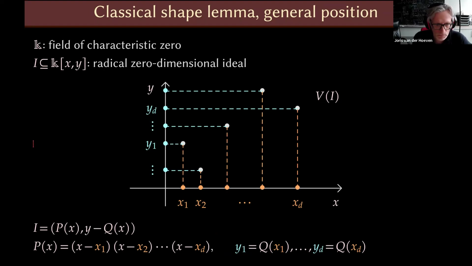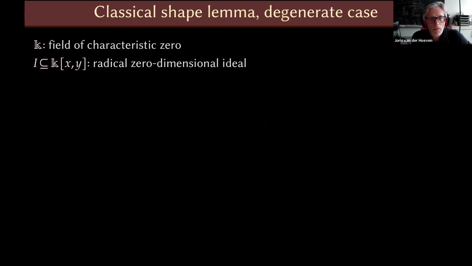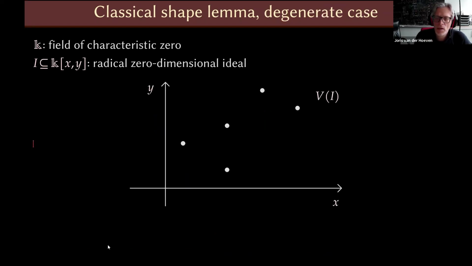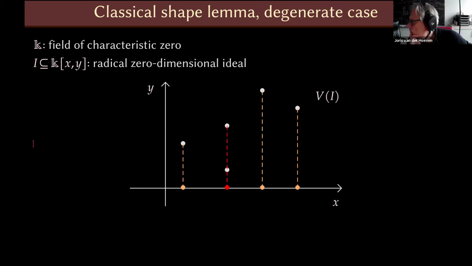Now, slightly degenerate could be that some of the projections on the x coordinate are the same, in which case we cannot directly associate a unique y coordinate to every point with a given x coordinate.